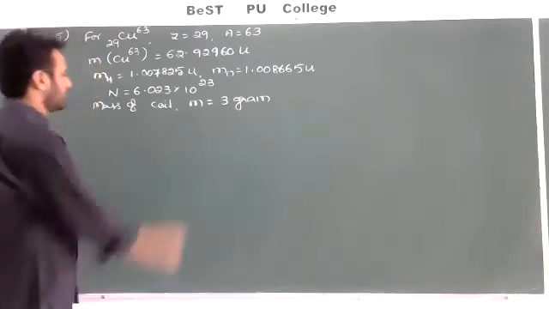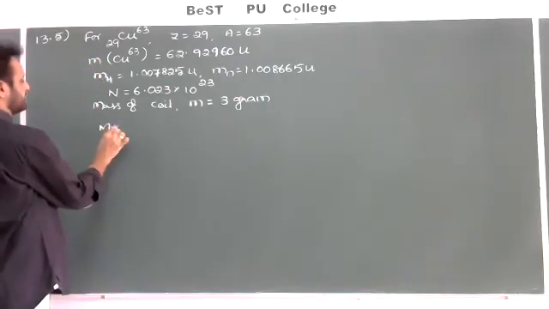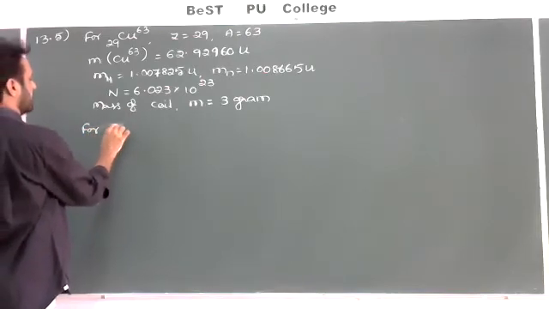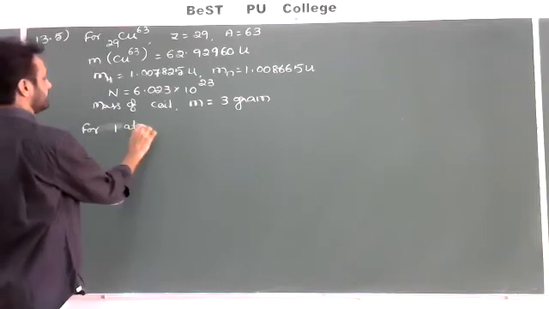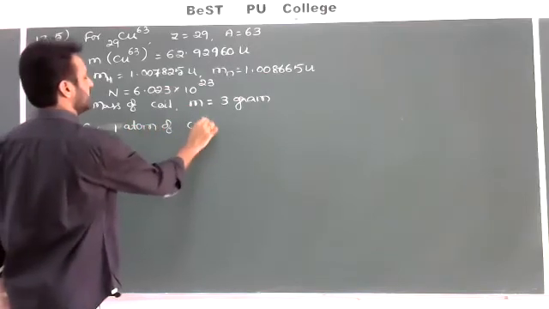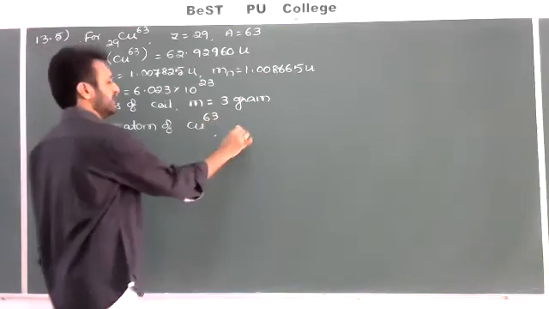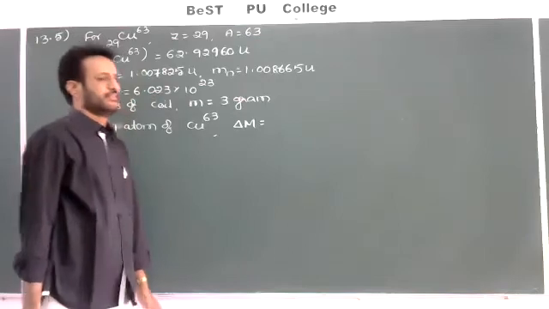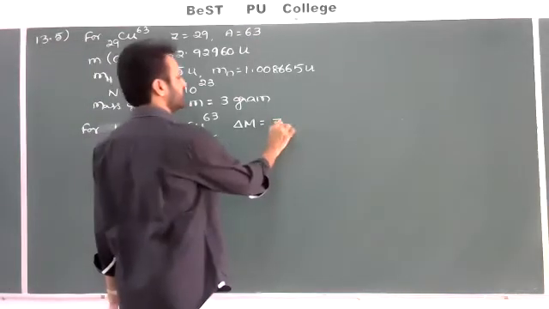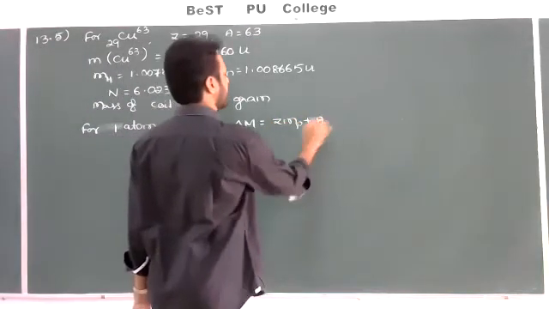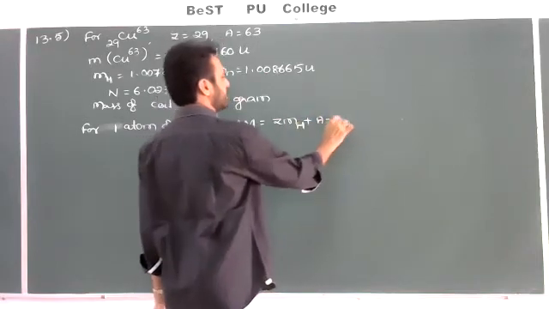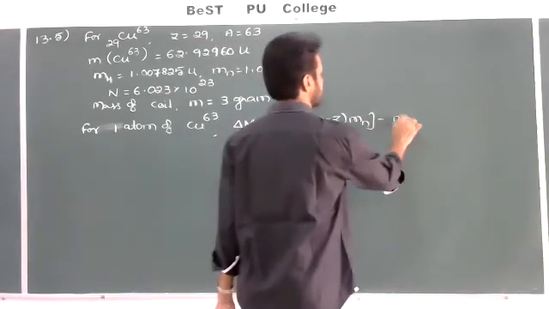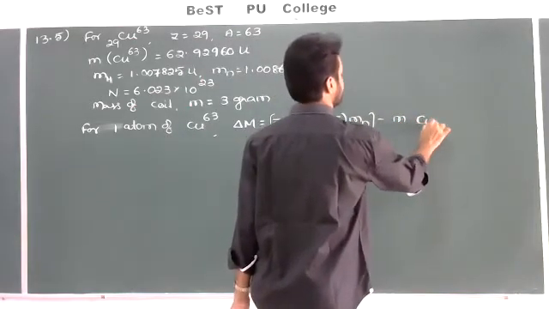We calculate the mass defect for one atom of copper 63. Delta m, the mass defect, is equal to Z into MH plus A minus Z into Mn minus the mass of copper 63.